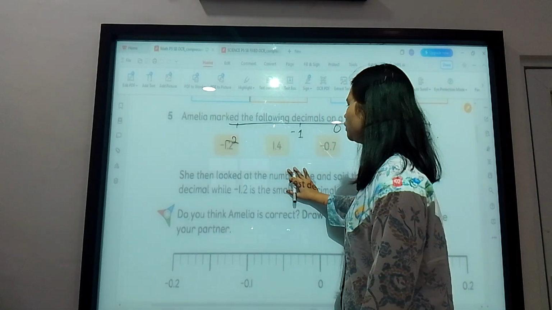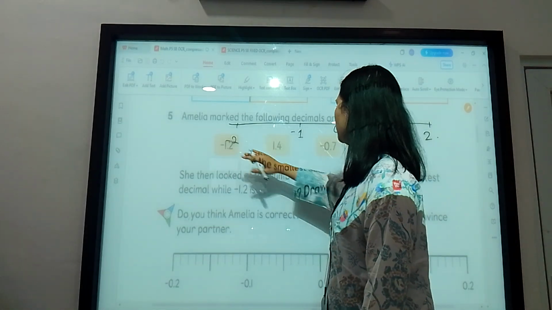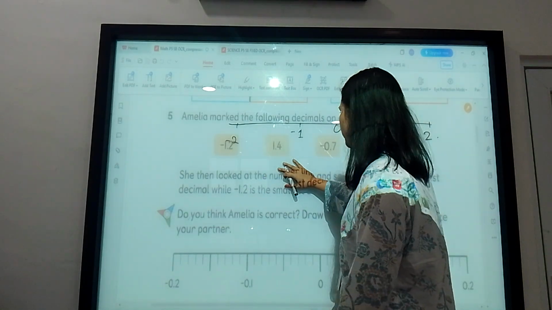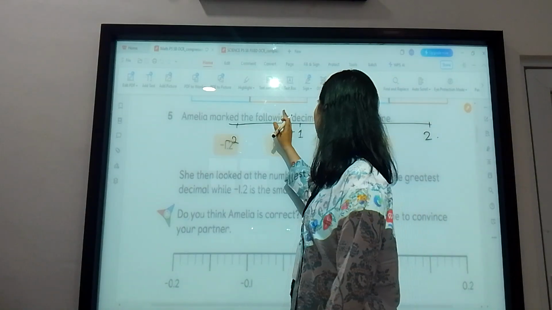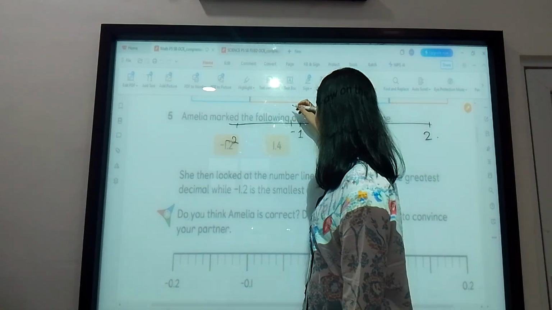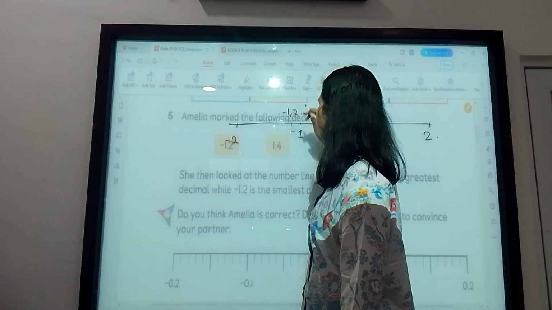So we want to know the position of -1.2. -1.2 is here.